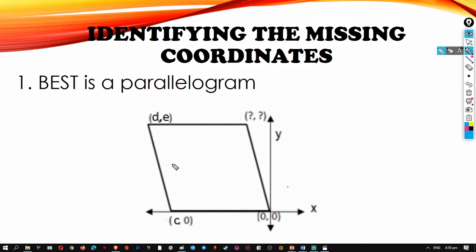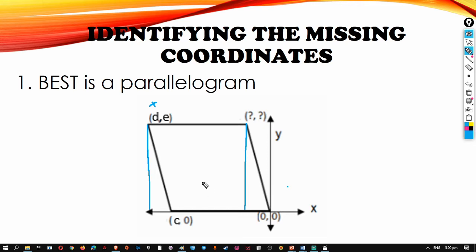So ngayon, magdodraw ako ng kasi walang coordinates dito, 'di ba? So magdodraw ako ng line. So dahil parallelogram siya, ibig sabihin ito at ito ay equal. Ngayon, so dahil equal 'yan, kung ito ay the x niya, ang x niya ay D, that means this is also D, di ba?